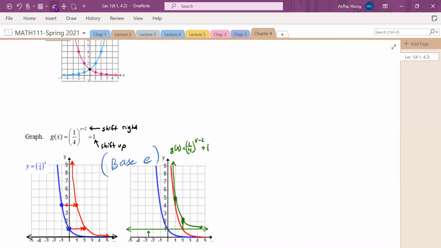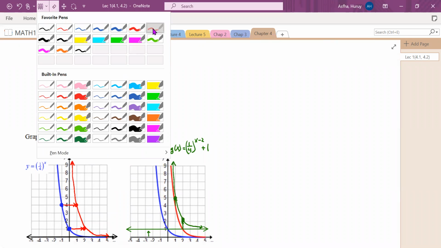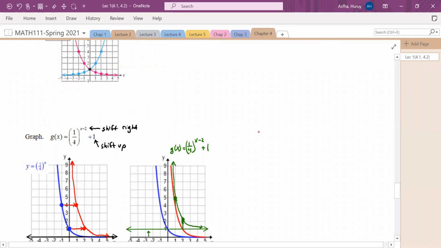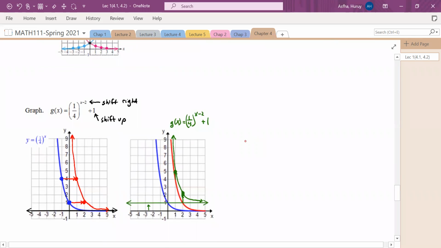And for example, here we are asked to graph g of x equals (1/4) to the power of x minus 2, plus 1. So this plus 1, well, first let's look at this.